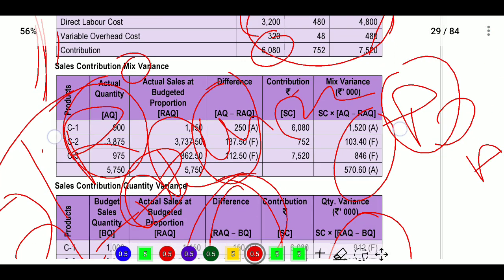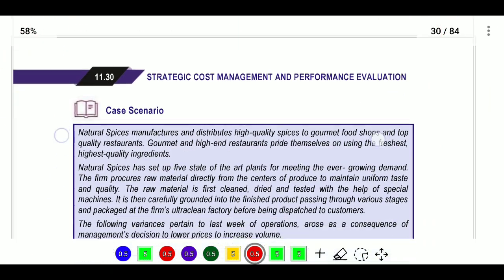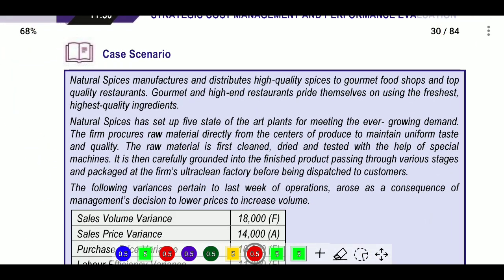So next question. There is one case scenario. In the case scenario, what have they provided? The case scenario: Natural Spices manufactures and distributes high quality spices to government food shops and top quality restaurants.